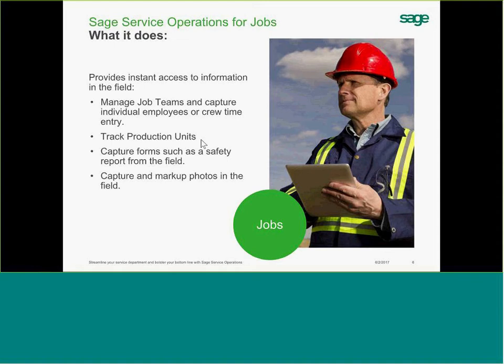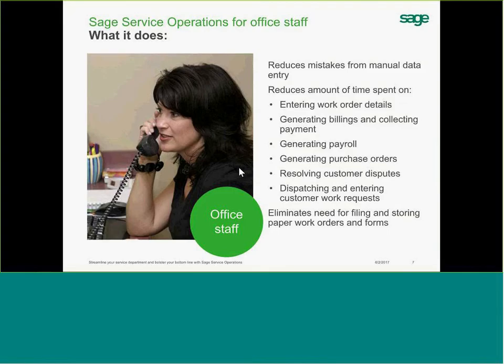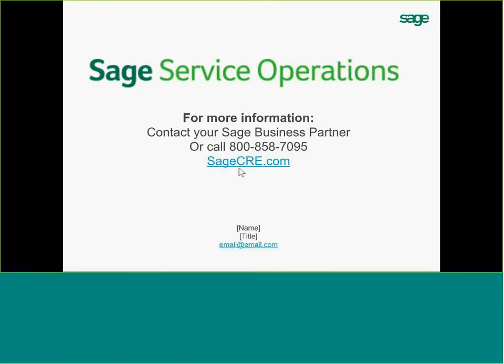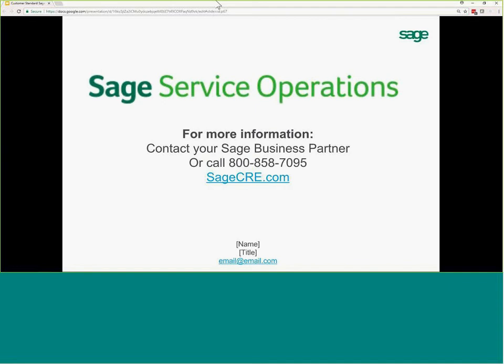A good example of that would be, let's say I'm a roofing contractor and we have a 100,000 square foot roof. We could track how many squares of roof we install every day. We can also complete safety forms and capture markup photos. Safety forms, forms in general, and photo markup are supported on both work orders and jobs. And then finally, we have features for the office staff, which we'll touch on today. We also have a client portal, which if we have time, we'll go through.